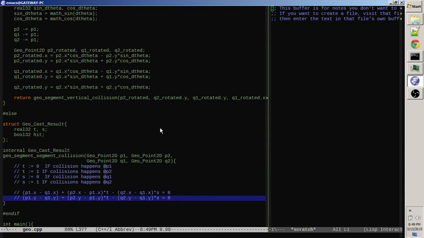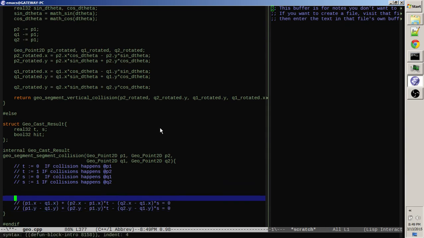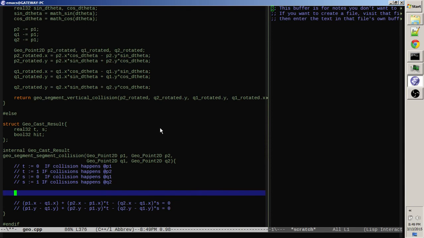So let's simplify the problem by actually storing some of these values in variables. So we'll call it the first thing here, p1 minus q1.x. That is sort of the x constant and the y constant values, right?